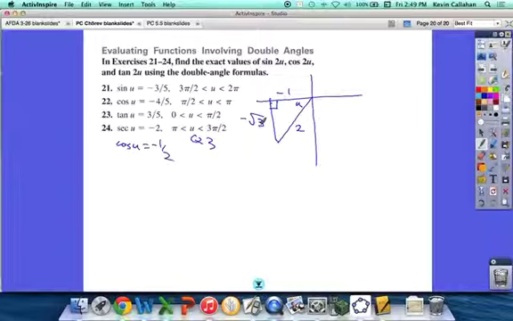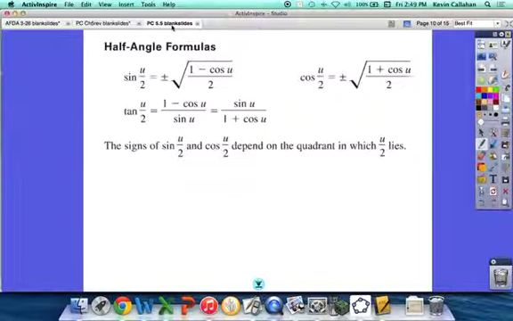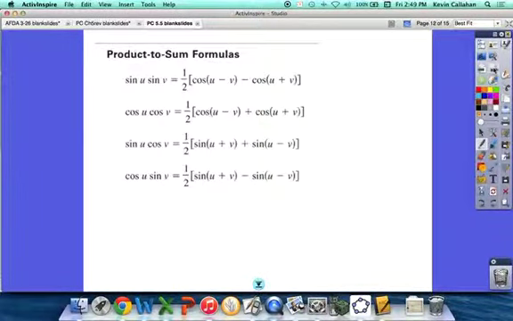Okay. And the last, I didn't put it on there, did I? So I think the extra credit will be verify one of these. I mean, use the sum and difference formula. See how that simplifies and whether you could make that equal that.